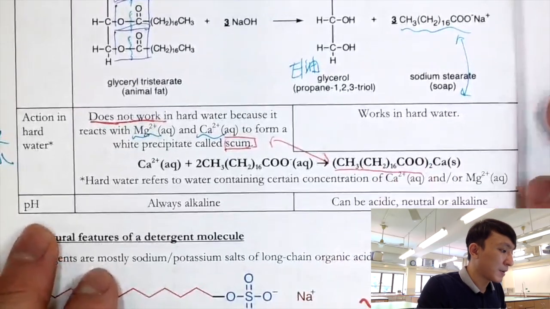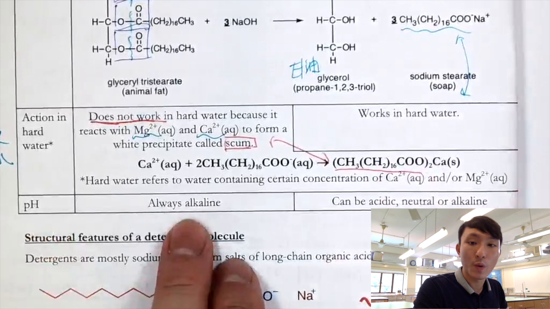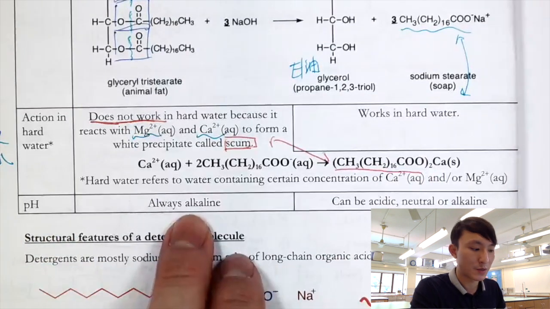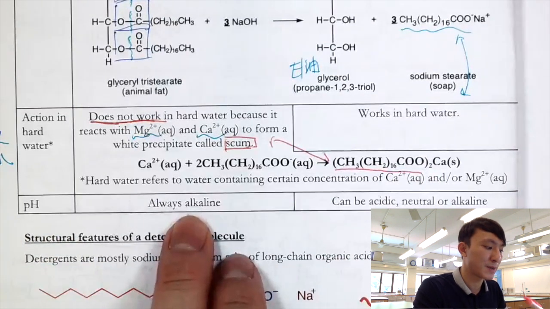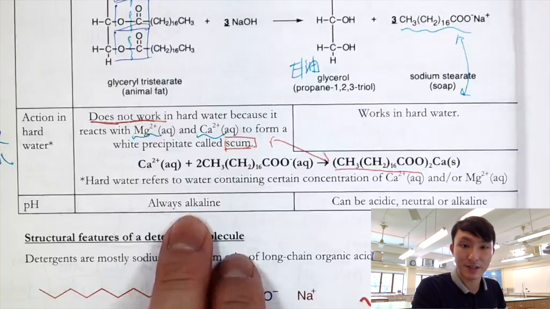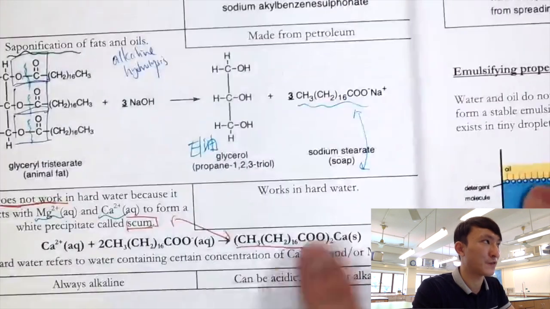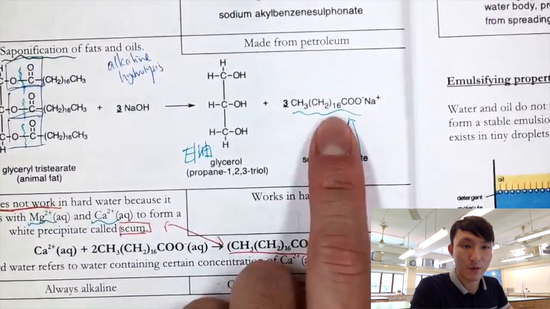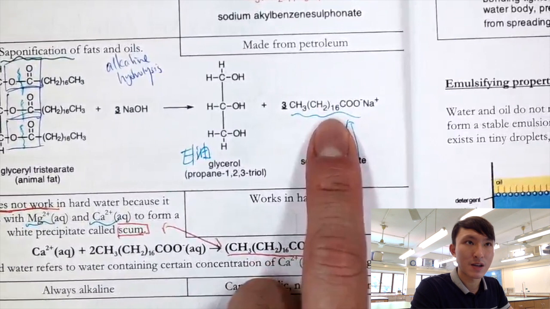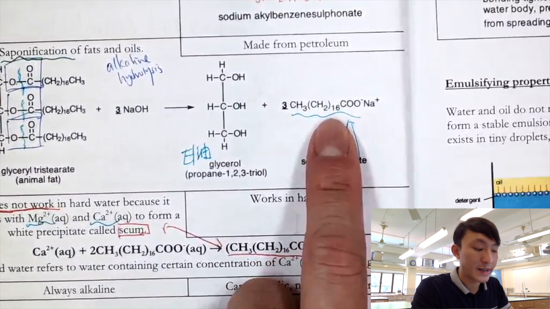Now, lastly, it's about the pH. Soap is always alkaline, simply because of the way it is produced, by alkaline hydrolysis. If it were acidic, you would have the fatty acid form, which is not desirable, as we will talk about later. It doesn't have the cleaning effect.